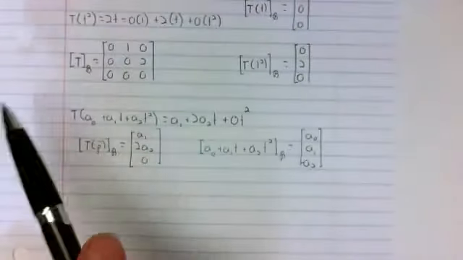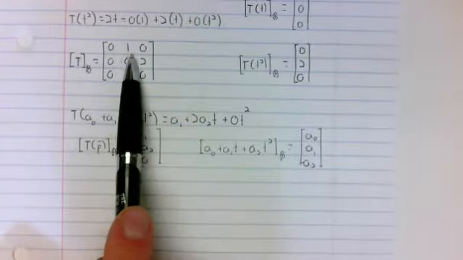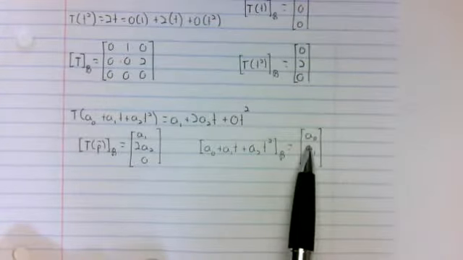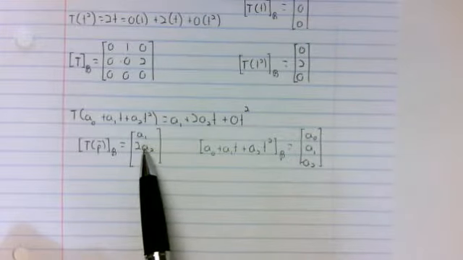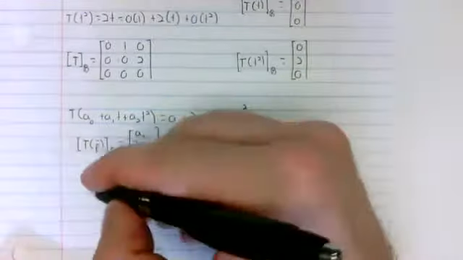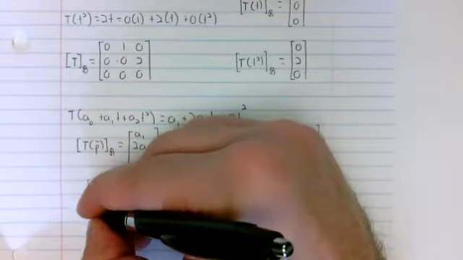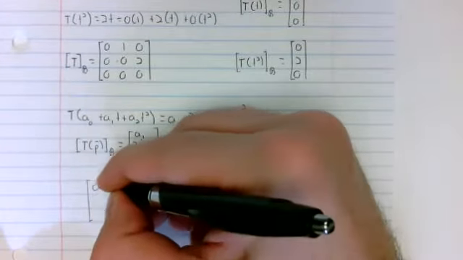So we want to multiply this matrix by this vector and get this back again. Let's see.